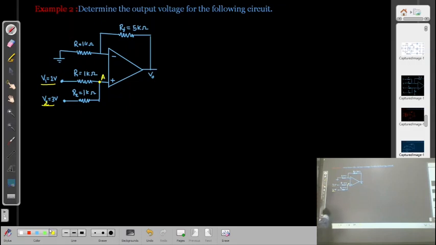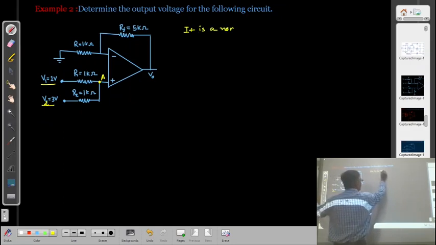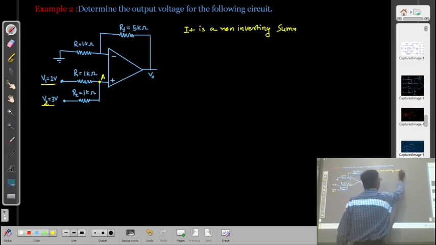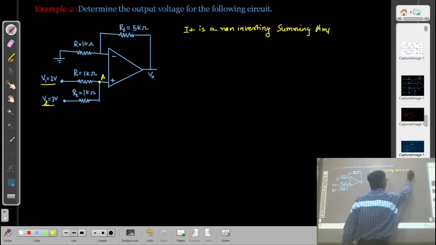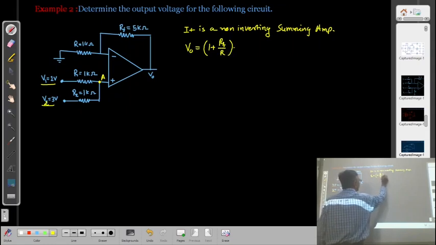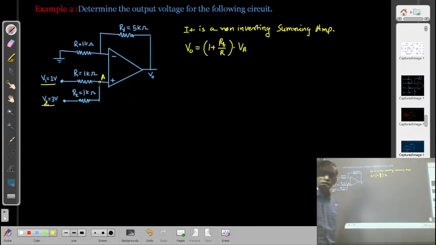So here we can write that it is a non-inverting summing amplifier, and the output voltage we can write as 1 plus Rf by R into the potential at point A. Remember, here we have to find out what is the potential at A. Now, this potential you can find out again by applying the superposition principle, because two different voltages are given.